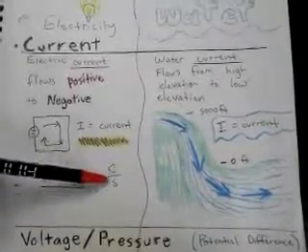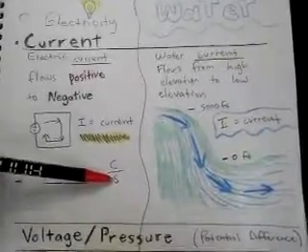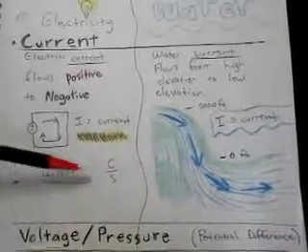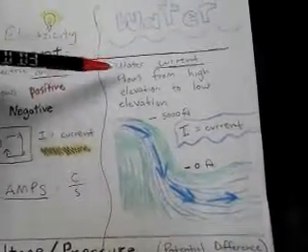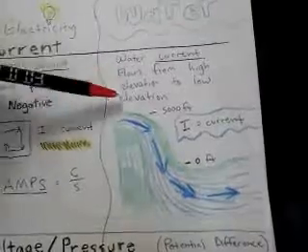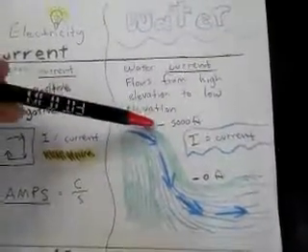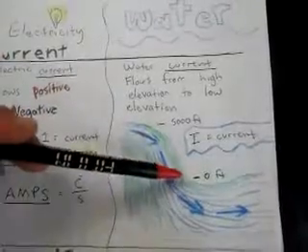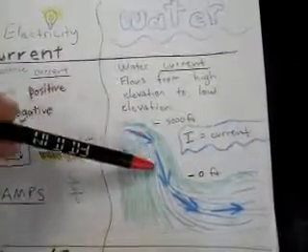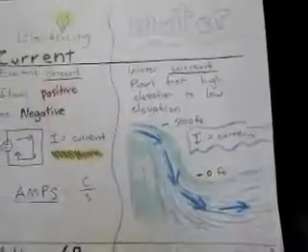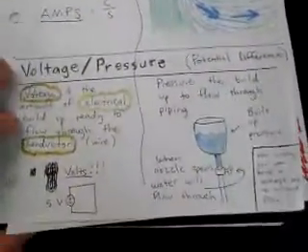This is charges passing a point per given second. And if you look at water, water also has current. Water flows from a high elevation to a low elevation, right? So in our little diagram, we've got 5,000 feet at the top of the hill, 0 feet at the bottom, and current is flowing down the hill. So current's essentially the same.